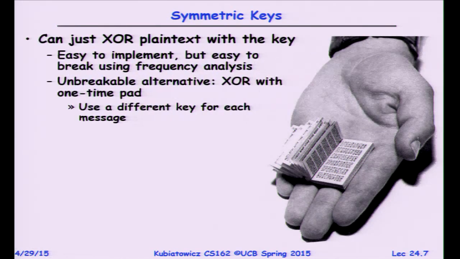So, for instance, one thing you could do is take every message, and you've got this long key that you've prearranged, and all you do is XOR your data with the key. Okay? Now you send your Berkeley manifesto to somebody else, and the problem is that somebody who's watching this, just because you've XOR'd, you haven't actually changed the frequency of any of the data, and they could do a frequency analysis on the data you're sending.